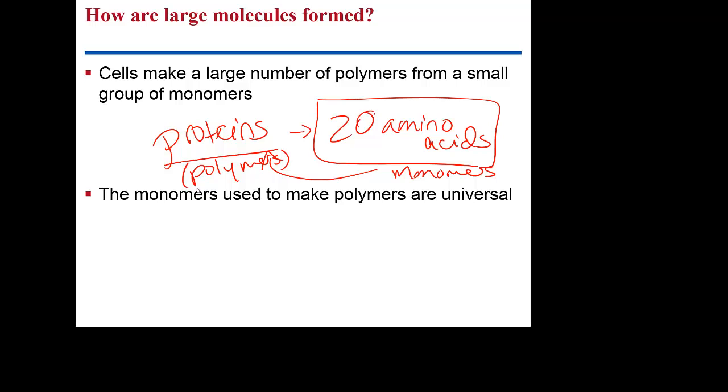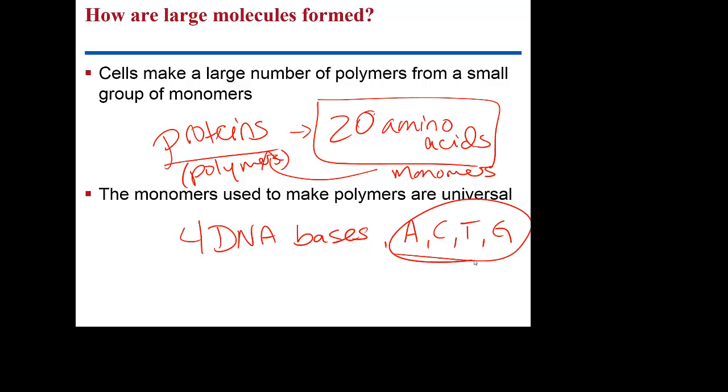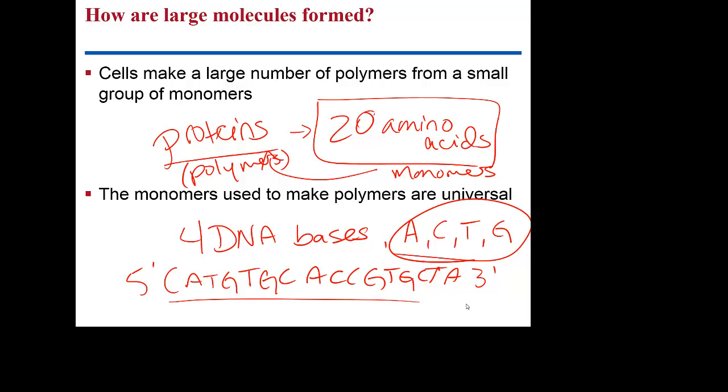Now there are other things as well, right? So we have 4 DNA bases. Many of you may know we have A, C, T, and G. We take those 4, that's it, and we put them together in different sequences, and so on to build very complex DNA molecules that carry all of the information in your body.